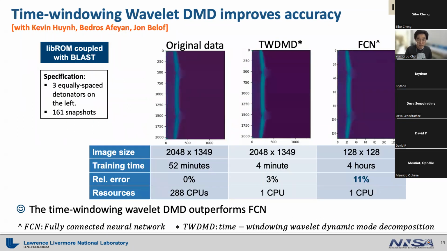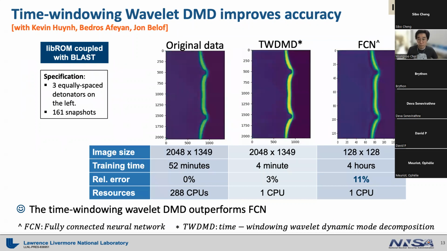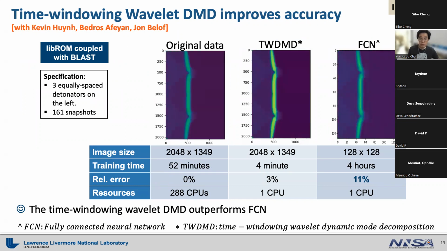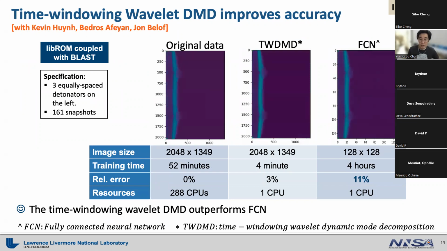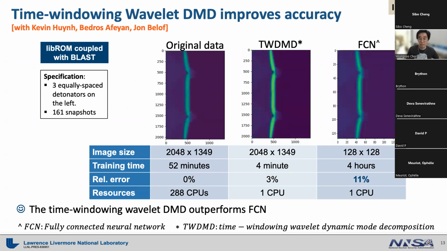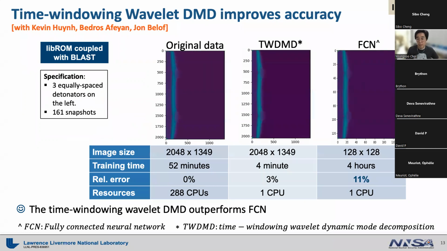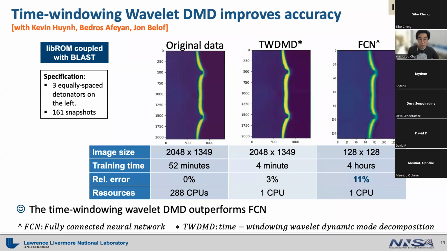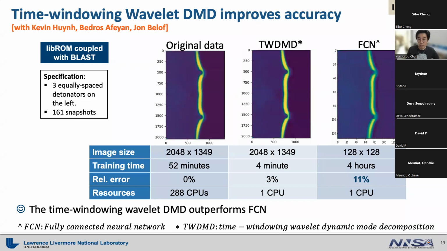Another nice thing about DMD is that the training cost is not comparable to the one for neural networks. For example, we have applied both a neural network black box approach and DMD to the shock-induced flyer plate dynamics problem, where generating a full order model takes 52 minutes. Neural network training time was 4 hours, while the training of DMD took only 4 minutes.